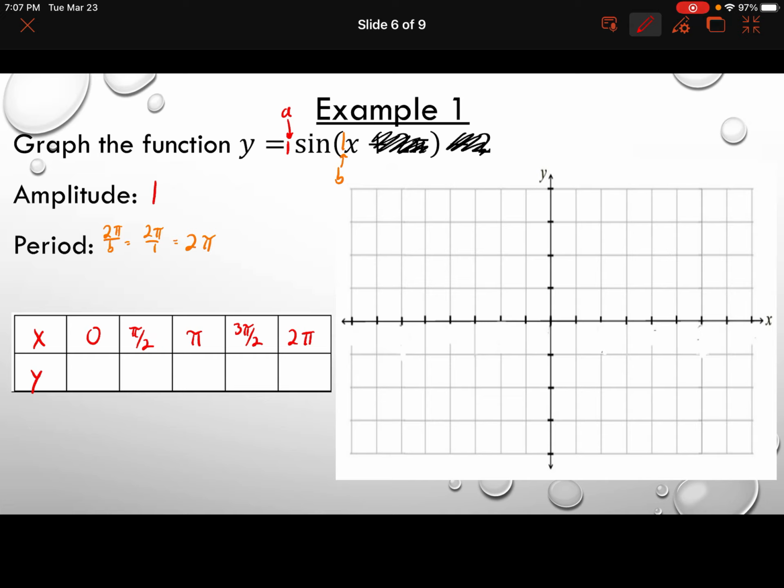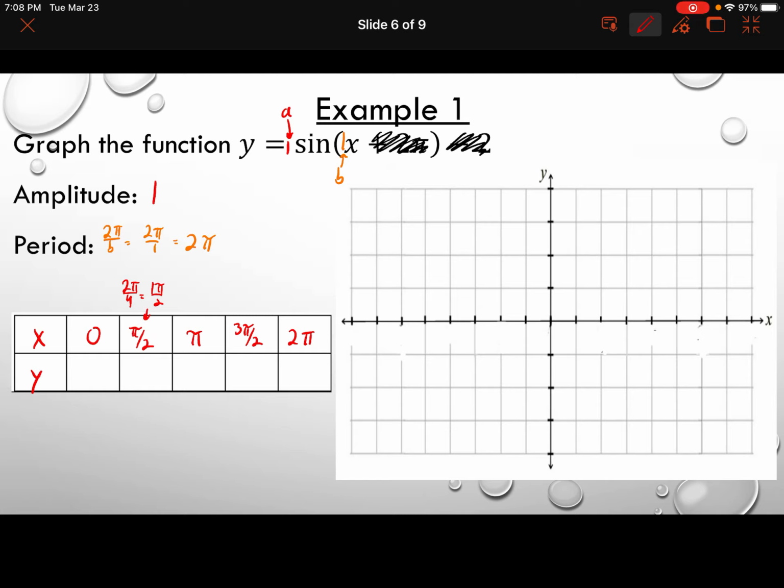Okay? Or if you use that alternate strategy, remember I also talked about that alternate strategy the other day, you would take your period, and divide it by 4. So it'd be 2 pi over 4, which would simplify to pi over 2, which is exactly what we had here.